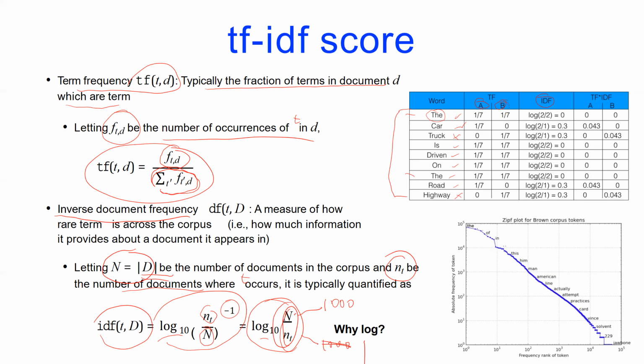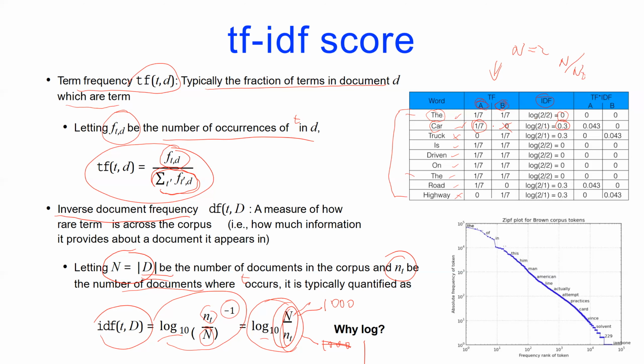N in this example is 2, because we only have 2 documents, A and B. If it appeared in both documents, then I will have 2 divided by 2, which is 1, and log of that is 0. Then the car appeared only in A, but not in B. So I will have 2 divided by 1. The 2 is N, N divided by NT, where NT here is 1. So I take log base 10 of 2 and get 0.3.